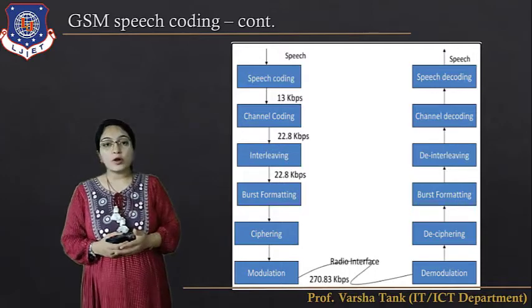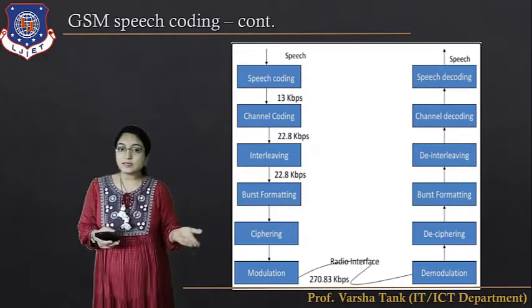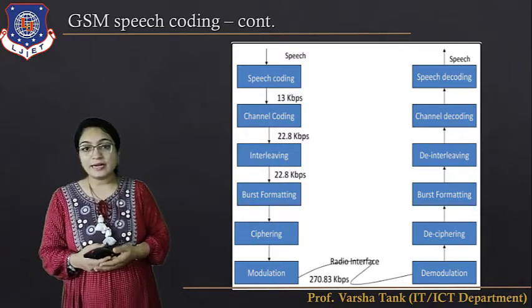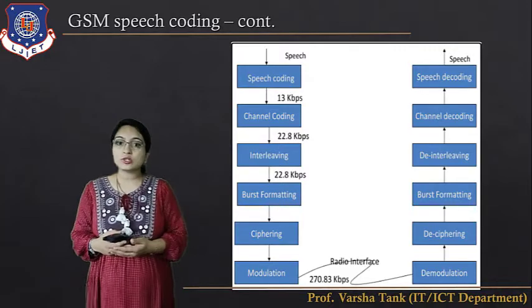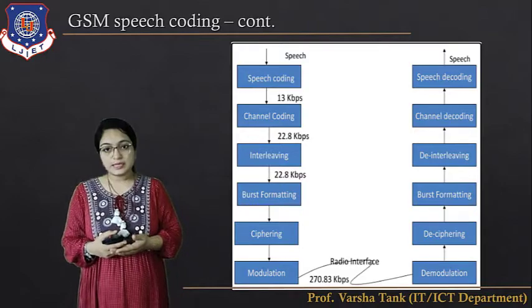If we are doing the modulation, that means we have to do the demodulation. If you are modulating the signal, you have to demodulate it, otherwise the receiver cannot understand it. If you are doing the ciphering, deciphering is also necessary.